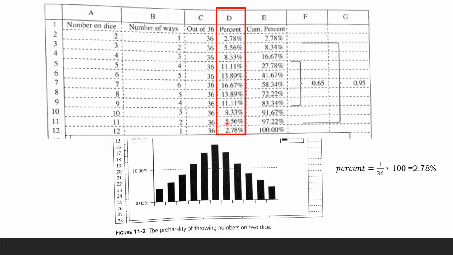And then we do the same thing. Since this is like a mirror, 6 in the center is 16.67, and you have 5 on each side, 4 on each side, 3 on each side, 2 on each side, and 1 on each side. So you can see how beautiful your normal distribution is. From here to here, 0.95 is your 95% confidence zone.